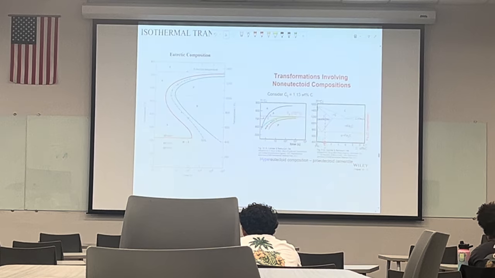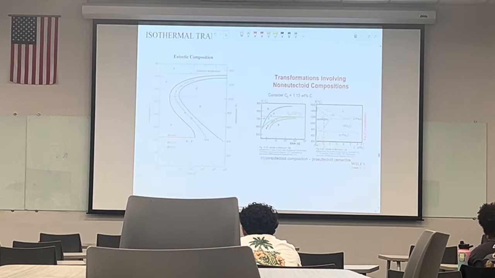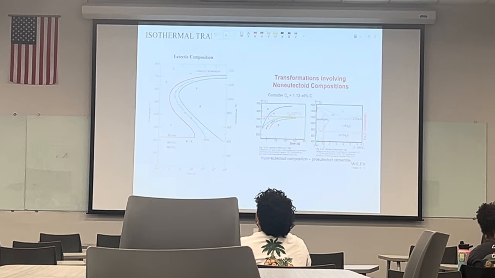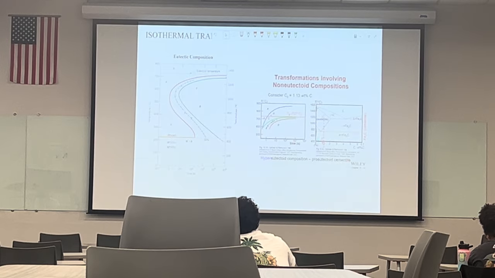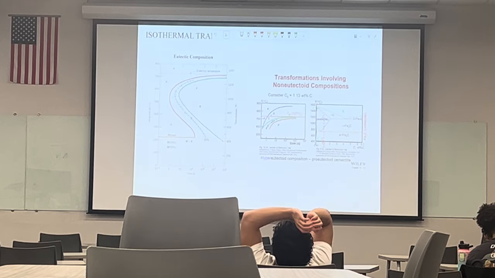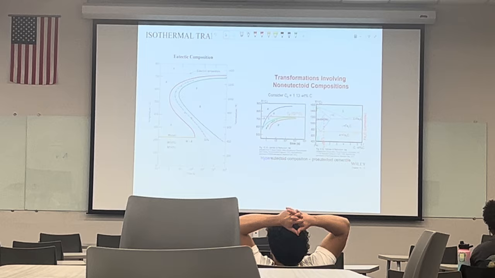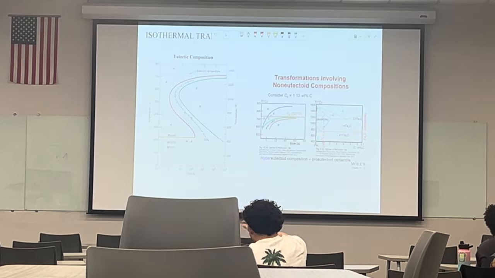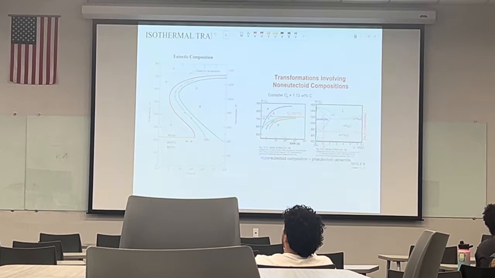So we can have those figures, or those plots, for different compositions. So remember, here we have time and temperature. So we cannot show several compositions in this way. We can draw this graph only for one composition. For example, this is the most common one, for the eutectoid composition.